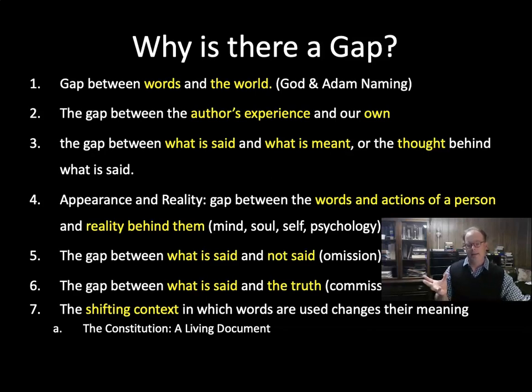In the beginning, God creates everything in Genesis 1, and then he creates Adam. And what does Adam get to do? He gets to name all the animals, and he's speaking in some kind of language that God has invented.